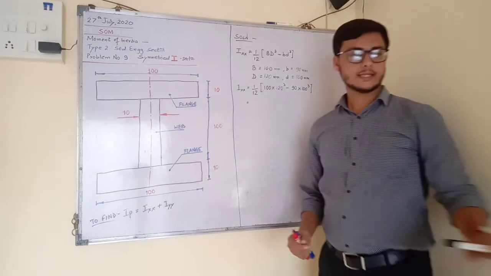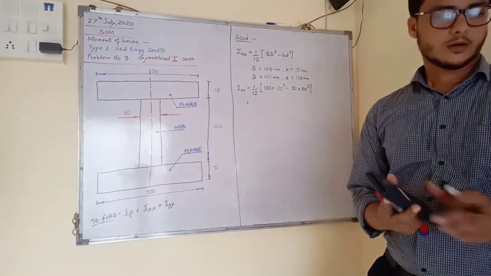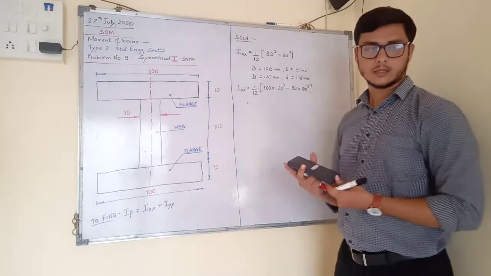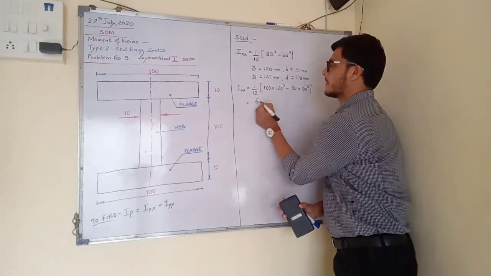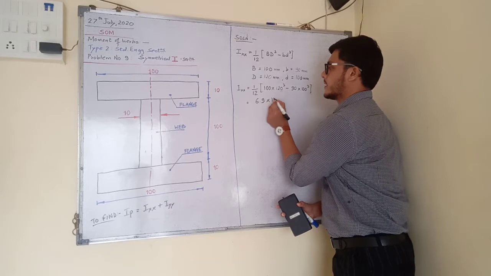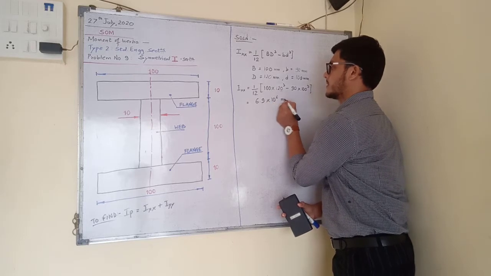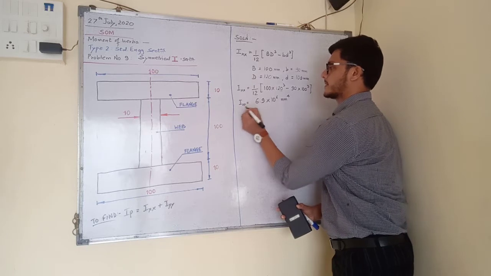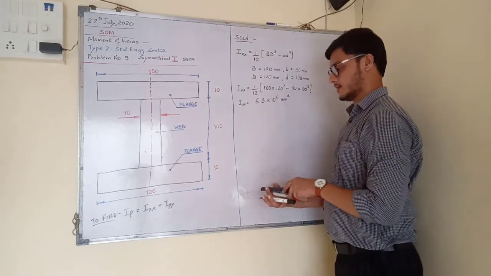So on solving this in calculator, I got the value as 6.9 into 10 raised to 6 millimeter raised to 4 Ixx. This is the answer for Ixx.